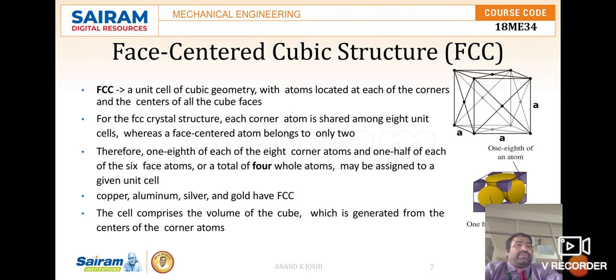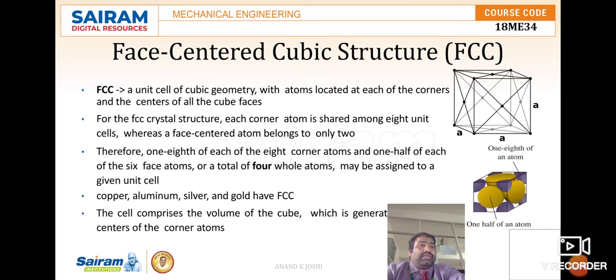One of the figures I have shown here, just look into it. That yellow shape is one of the atoms. At the other side, the corner, that is 4 whole atoms which are going to be assigned to a unit cell.